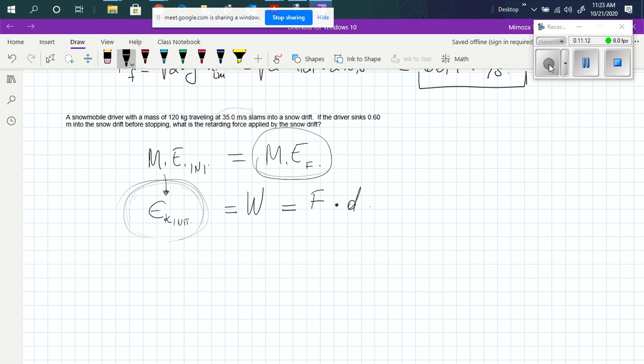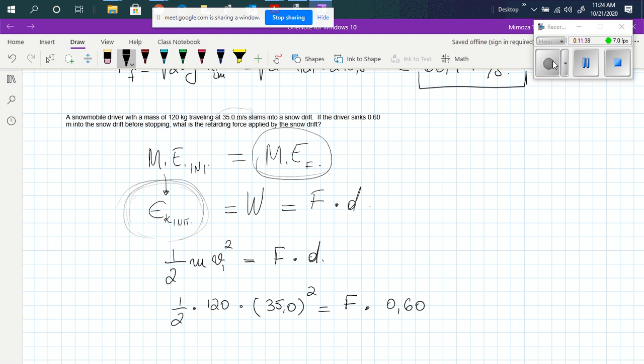Does it make sense? So now what we have is 1/2 mv squared initial is equal to F times d, or 1/2 times 120 times 35 squared is equal to the force applied by the snowdrift times 0.60 meters.